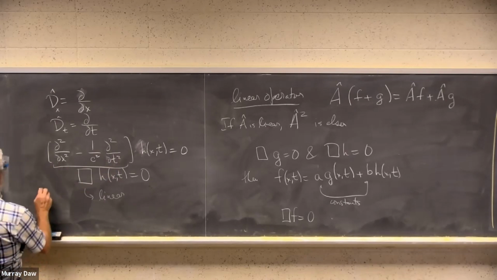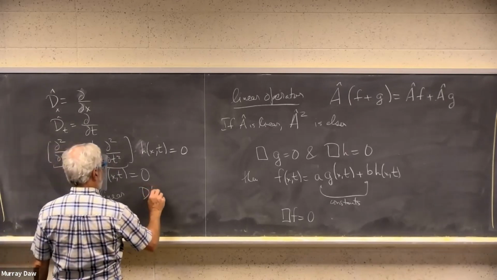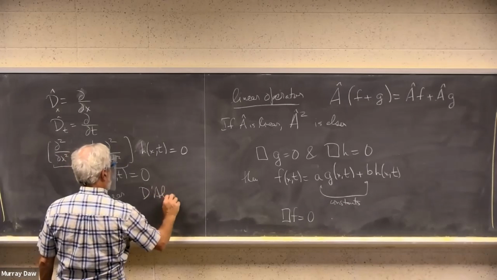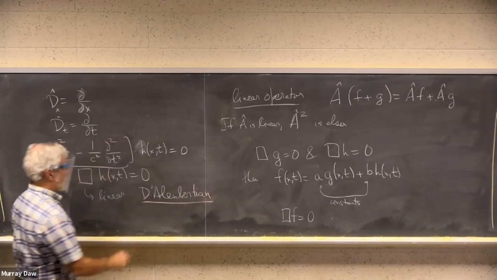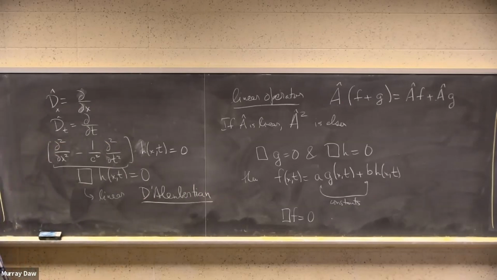It's called the del inversion. So it's an operator which has two derivatives in x and t. And that's a very succinct way of writing our wave equation: del inversion on something is equal to 0.